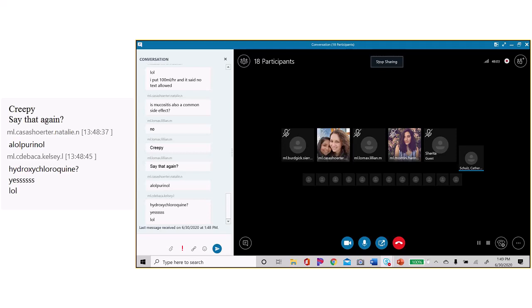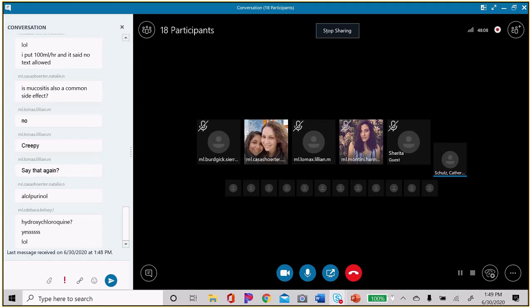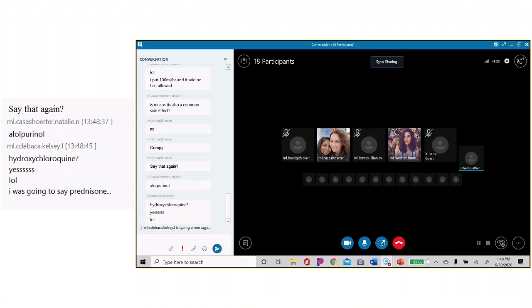What are some of the medications that cause cataracts? It might be what you're thinking of, Natalie, but it's not allopurinol. It begins with an A. There were two, and one we just talked about.